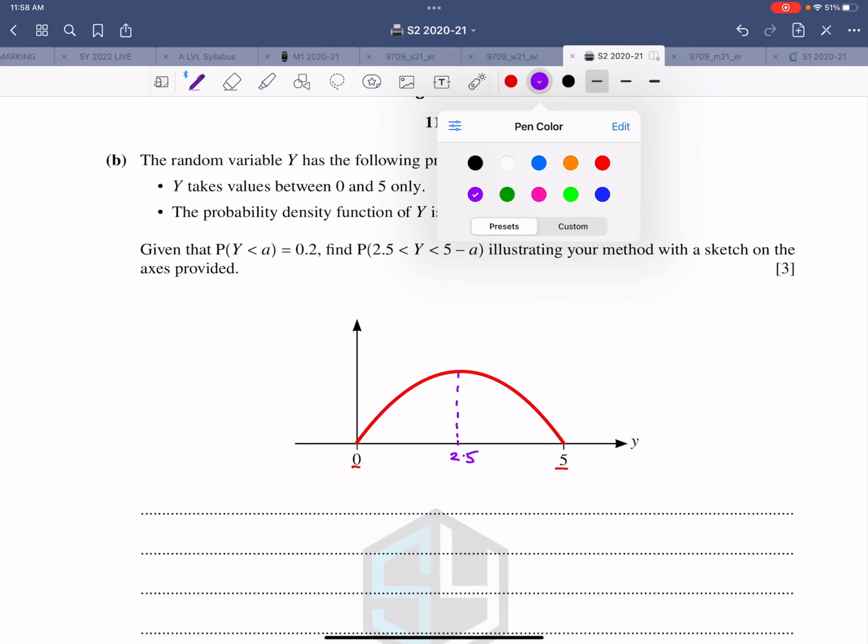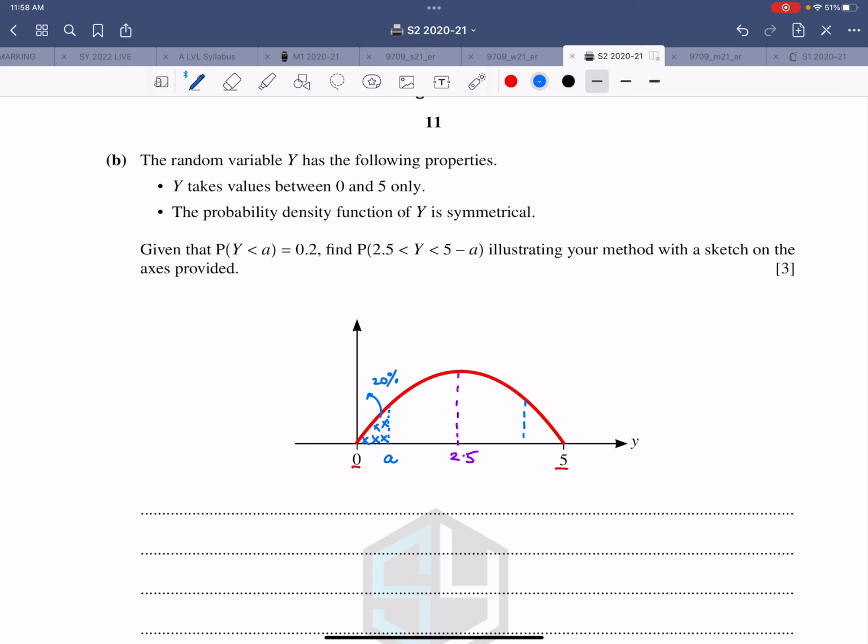That means there should be a value a over here, because it's going to start at 0, and this is a, and this blue region is 20%. If I label this length as a also, this value is 5 minus a.